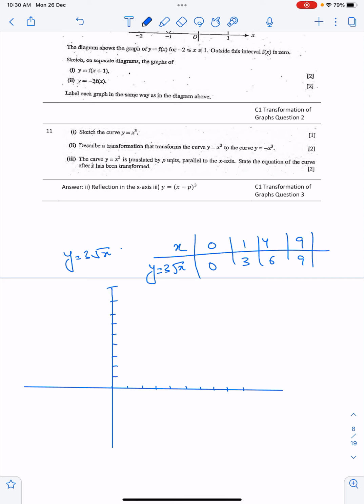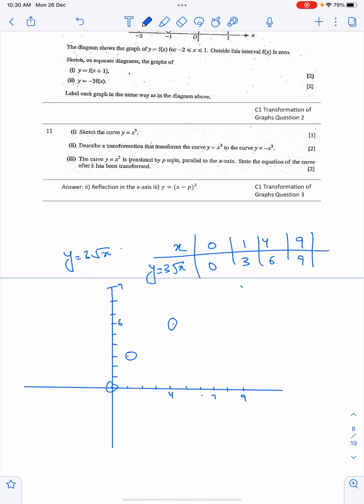Okay, 0 comma 0, then 1 comma 3, then 4 comma 6, and then 9 comma 9. So this is the shape of the curve. Okay, this is a sketch.